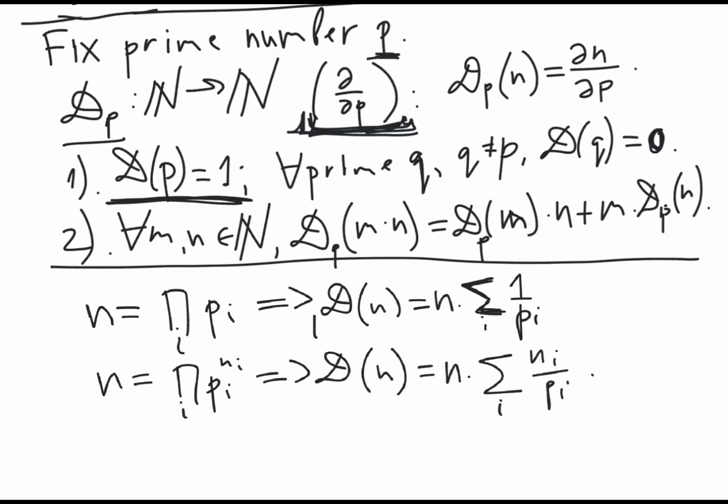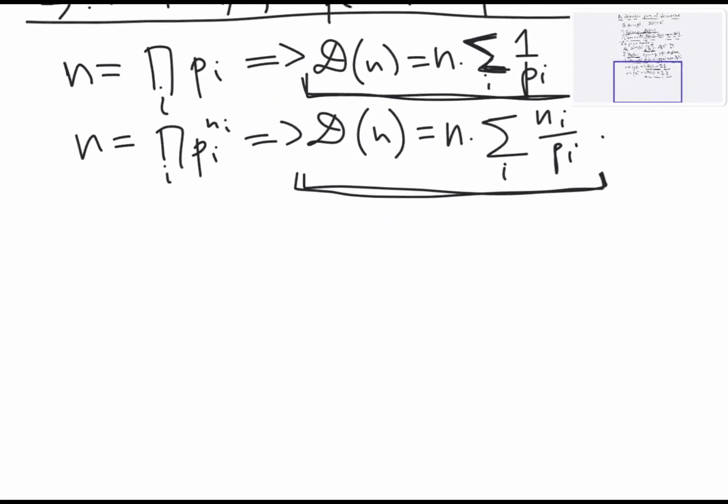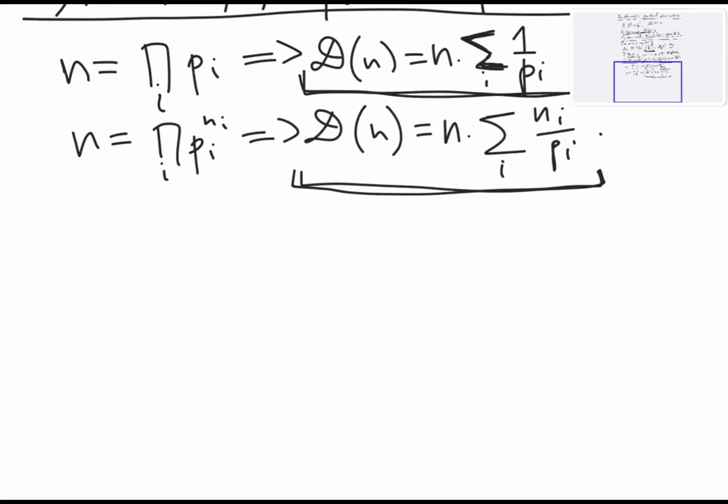This formula is kind of more beautiful for the full arithmetic derivative, but for the partial we would need to use this one. This is more convenient. For the partial derivative, the formula is similar, except that we need to put to zero all p_i that are not p.